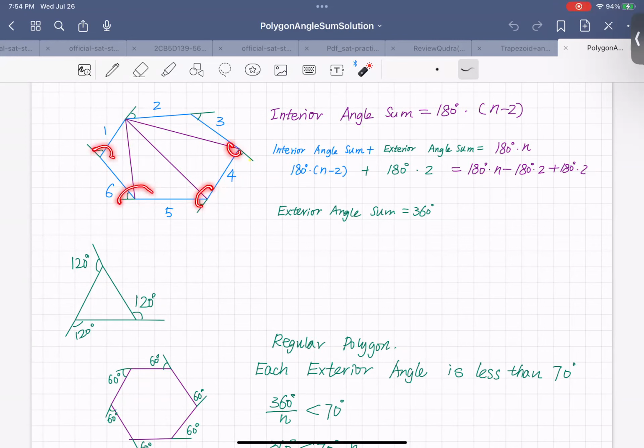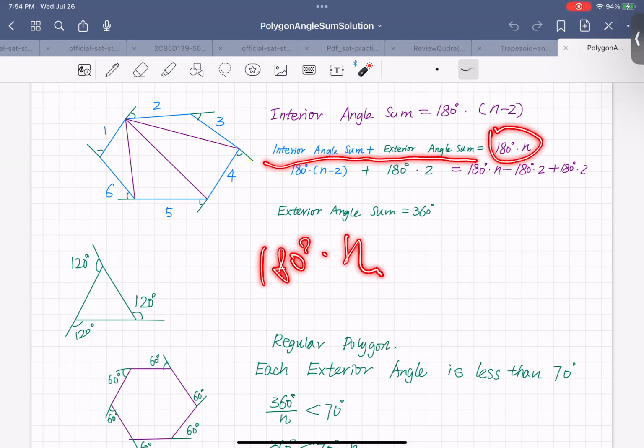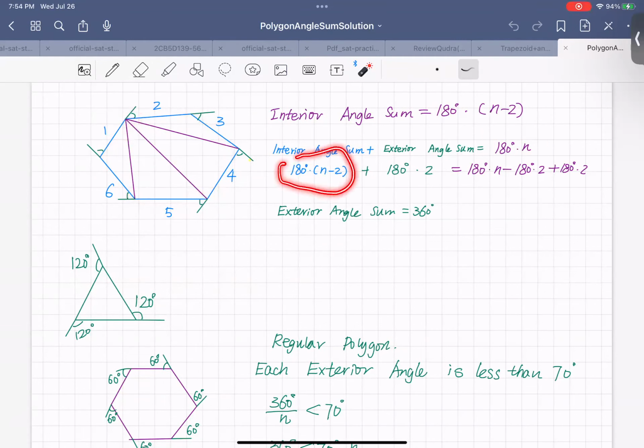You have n times 180, which is 180n. That's the interior plus exterior equals 180n. And the interior one, you have n minus 2 triangles, so the interior angle summation is this. And then the exterior will be 180 times 2. So it's going to be true, no matter how many sides.